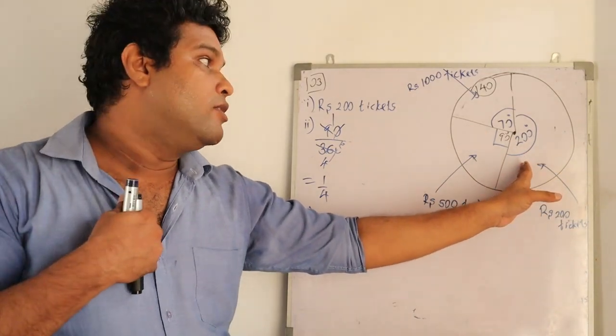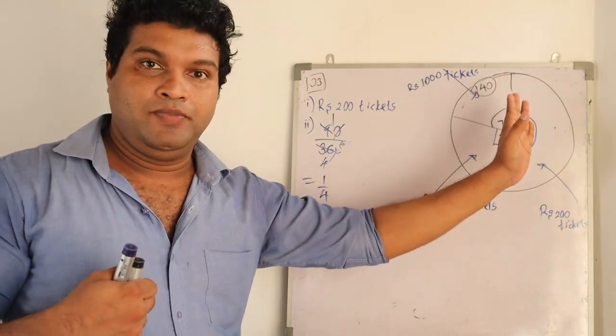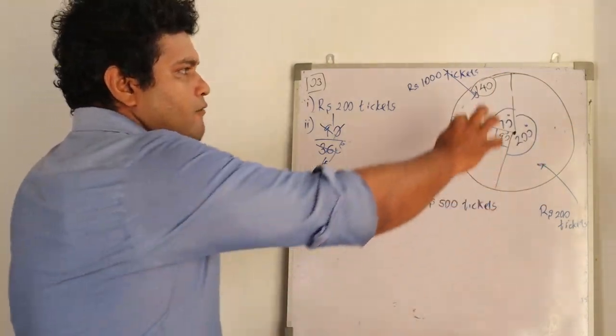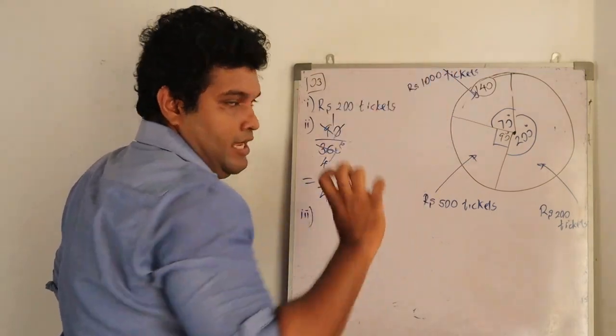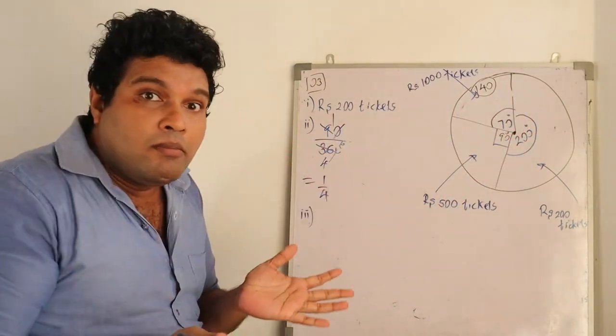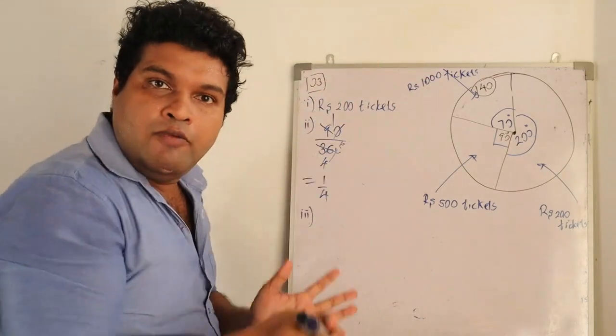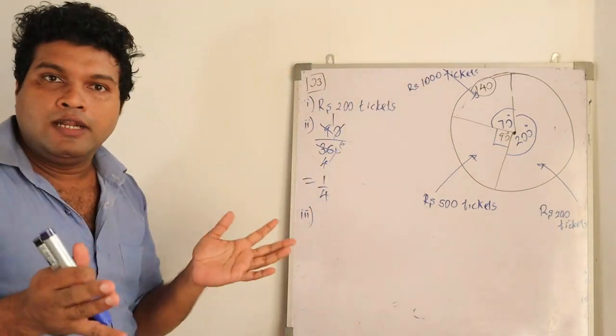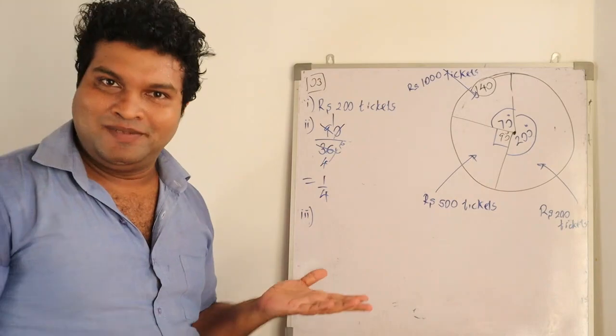We are the one, of course, who has to find the angle 200. Okay? But with this given link, we have to find this one. Because this time, nobody knows the total number of tickets or total valuation. If we don't know the total, no use of fighting with the total.